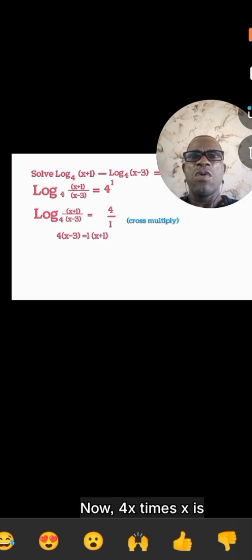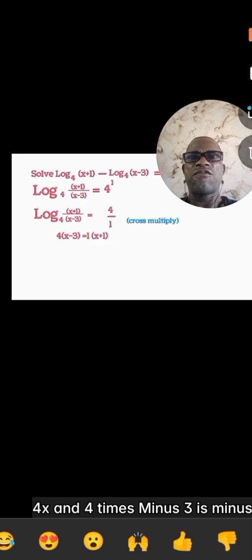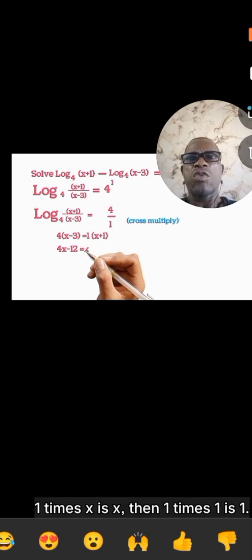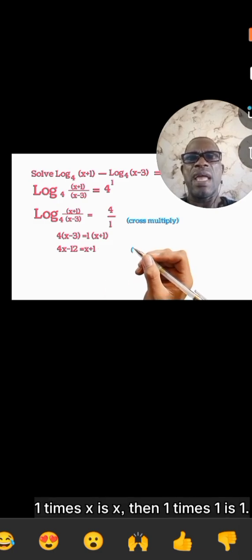Now 4 times x is 4x, and 4 times minus 3 is minus 12. It equals 1 times x is x, then 1 times 1 is 1.